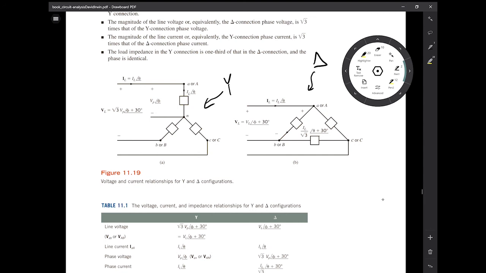Here, this is the phase voltage for a Y-connected load, and this is the line-to-line voltage, and the relationship between them is square root of 3. The angle relationship is plus 30 degrees. So if the phase voltage is at any angle phi, then the line-to-line voltage is going to be the same phi plus 30 degrees. Going from this phase to B and C is just a matter of adding 120 degrees.